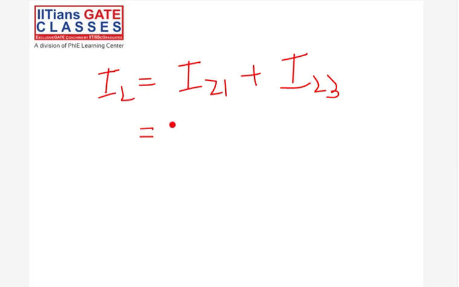That would be, so basically I21 is minus I12, right?